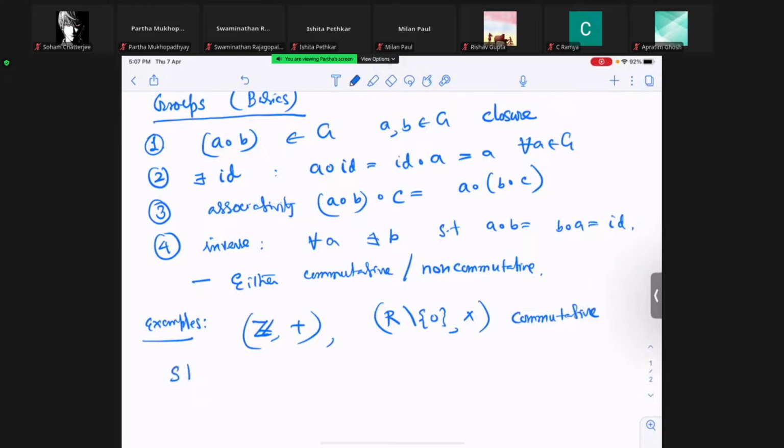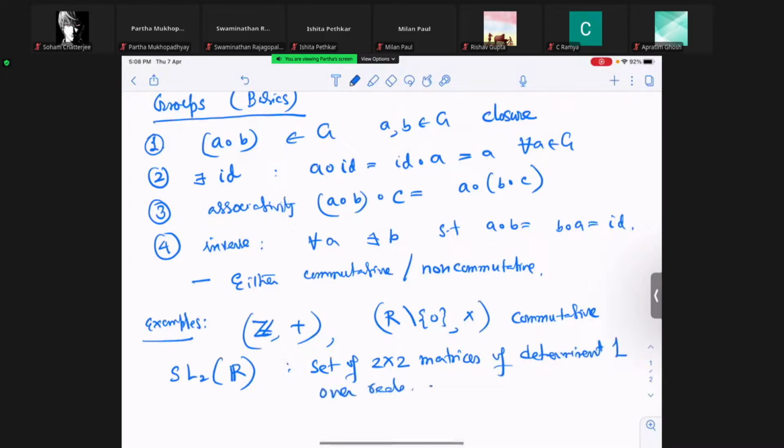You can take the group SL2R, the set of 2 cross 2 matrices of determinant 1 over the reals. These are non-commutative groups.